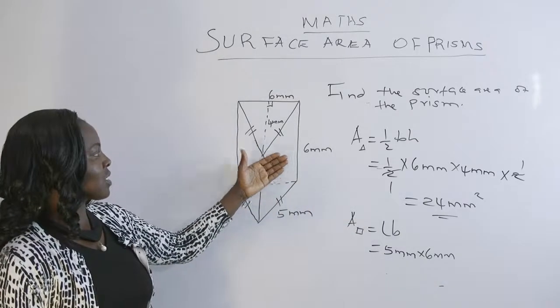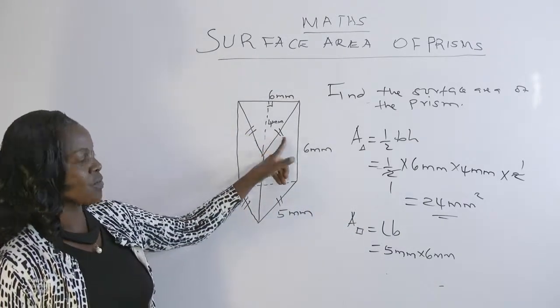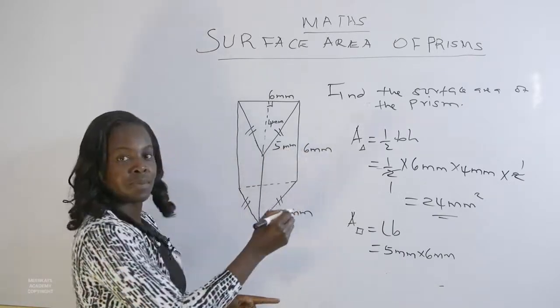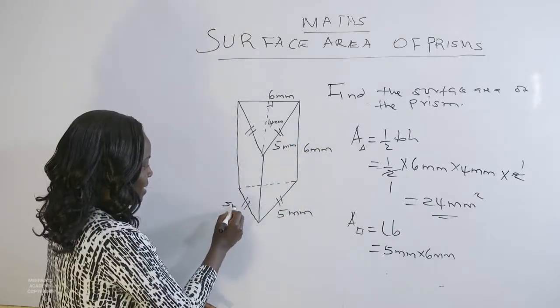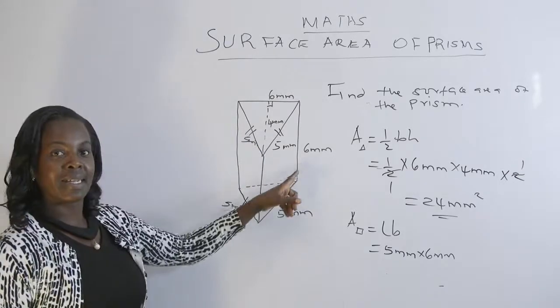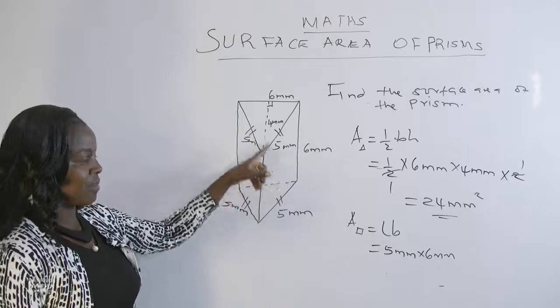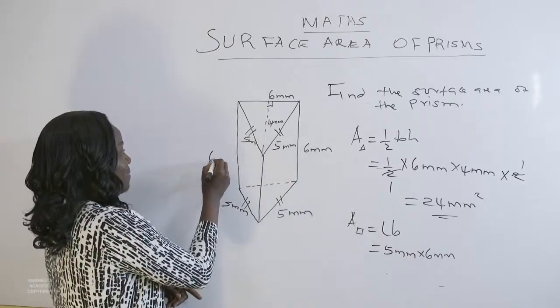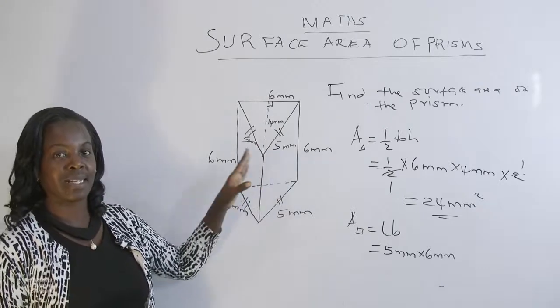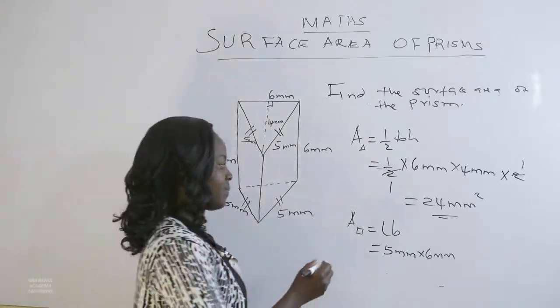Because these are 2, we are told this is equal to this. That means this is also 5, and this is also 5 millimeters. Then the measurement here is 6 millimeters. So you realize that these 2 rectangles are equal.